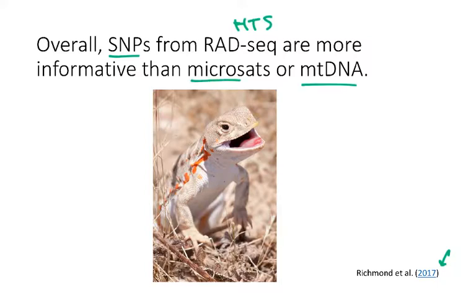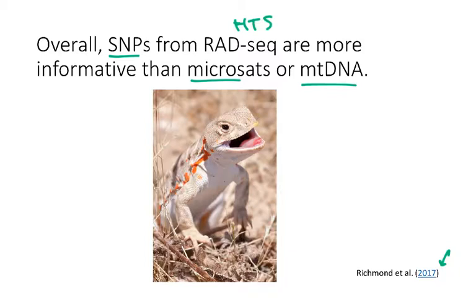And overall, they found that SNPs were more informative than microsatellites or mitochondrial DNA. So this is telling us in general, if you have an option, if you have the funding, usually that's a limiting factor, if you have the funding available to do a type of RAD-seq study, SNPs are going to give you better information than microsats or mitochondrial DNA.